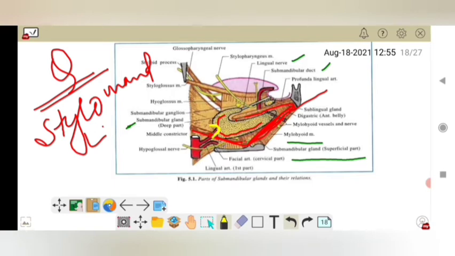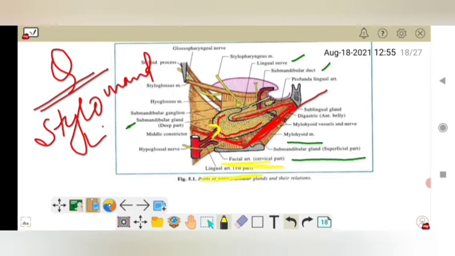Now, this is the facial artery and this is the lingual artery. Both facial and lingual arteries are branches of the external carotid artery. So how do we identify the posterior end? It has a groove for the facial artery. The anterior end extends up to the anterior belly of the digastric and the posterior end up to the stylomandibular ligament.